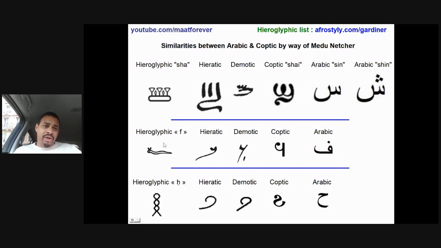For the F sound, we have the hieroglyphic horned viper, the hieratic, the demotic, the Coptic, and the Arabic. And finally, we have the hieroglyphic H sound, the strong H. Once again, the same H as in Hotep. Then we have the hieratic, the demotic, the Coptic, and the Arabic. This is what I wanted to share with you all today.